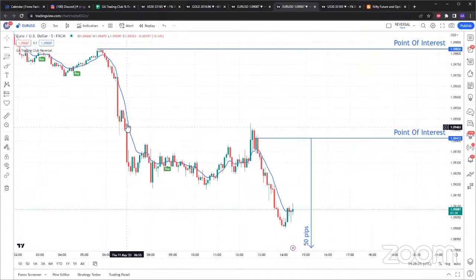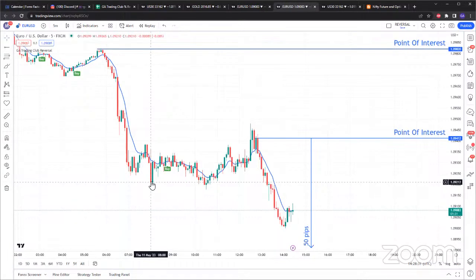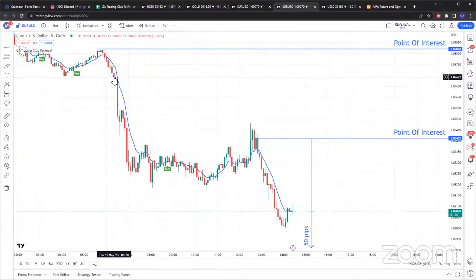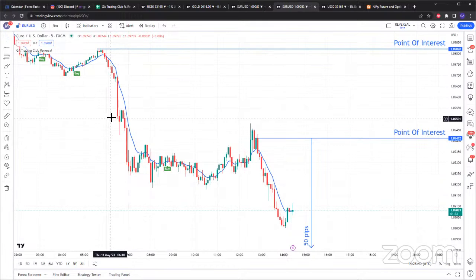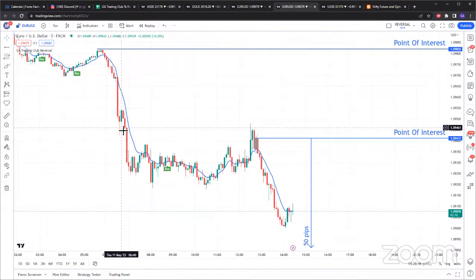Now, if you, of course, took away, so this move from the top here to the bottom here before the buy signal came up, that's about 60 pips. Okay, so if you took out the volume of this candle, call this I'll just call it 10 pips, and call that 5 pips.